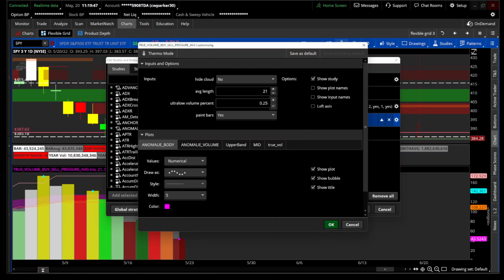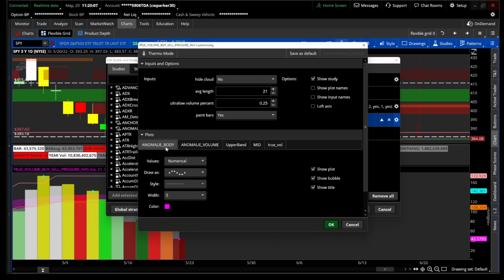You can manipulate it by putting 50, 35, whatever you want to put in there. Just know that whatever you put in there is going to be a percentage, and the average volume is going to be subtracted by that percentage to give you your ultra low.